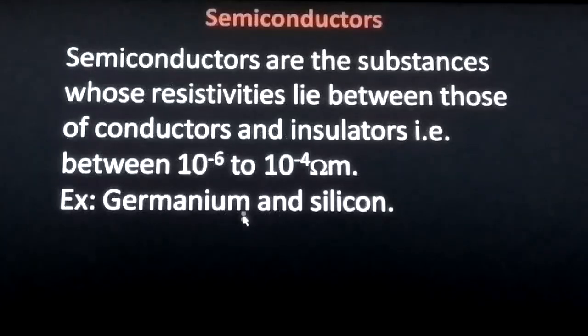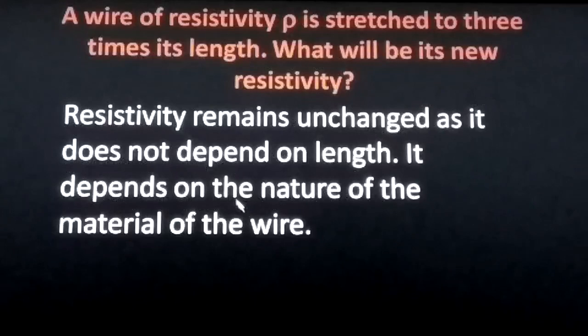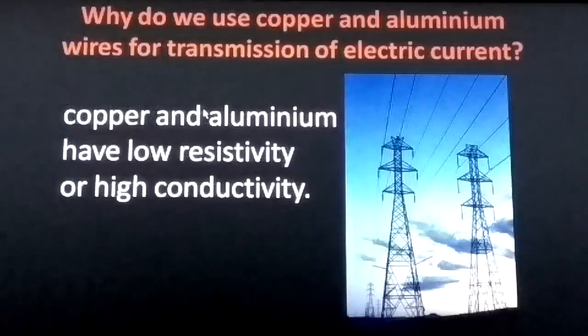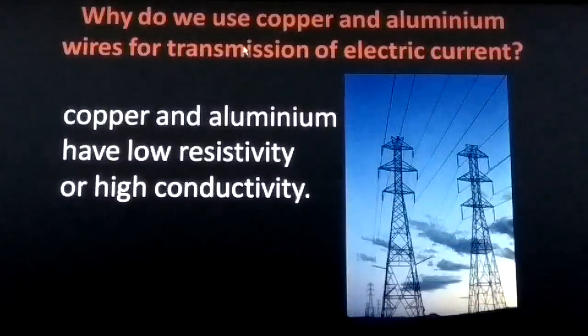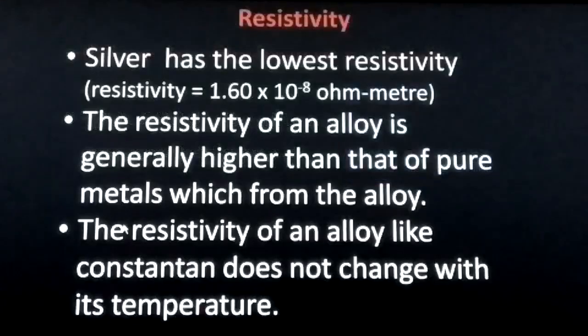And the resistivity of semiconductors, and an example for semiconductors. We have also seen that if the wire is stretched to 3 times its length, the resistivity does not change. Why do we use copper and aluminium for the transmission of electric current?